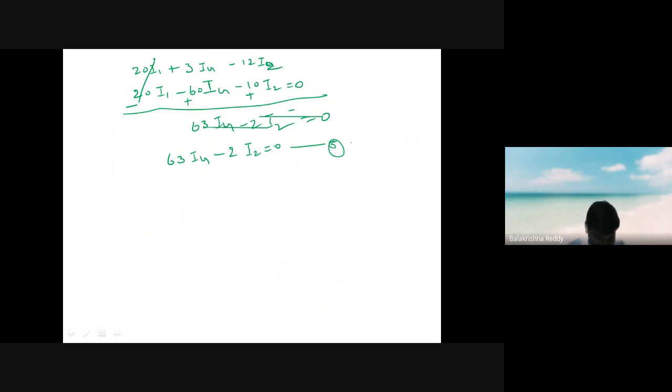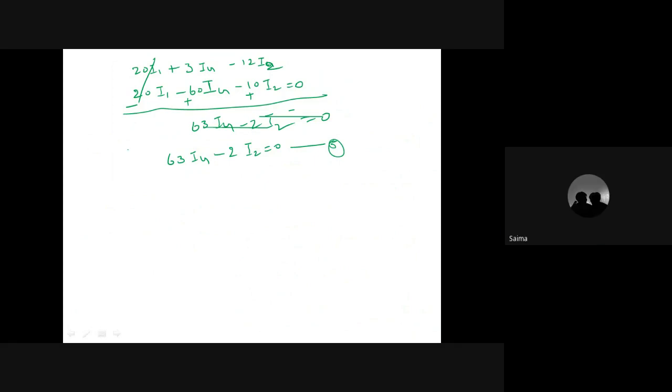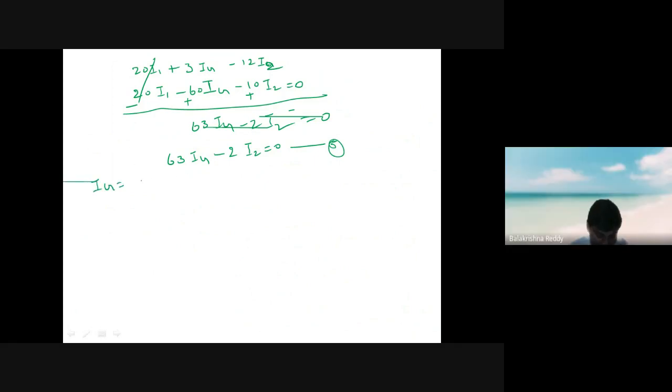Galvanometer resistance is given, 15 ohms, but Ig, the current flowing through it, is not given. But I hope we can find that.